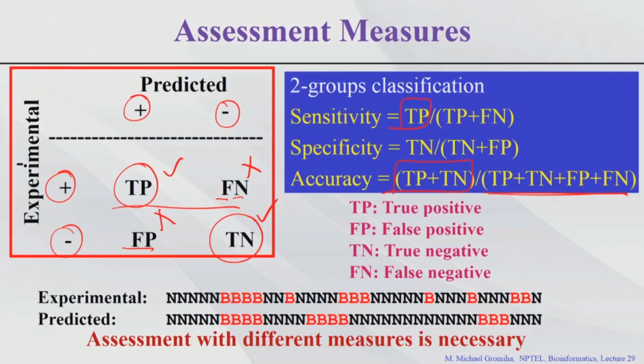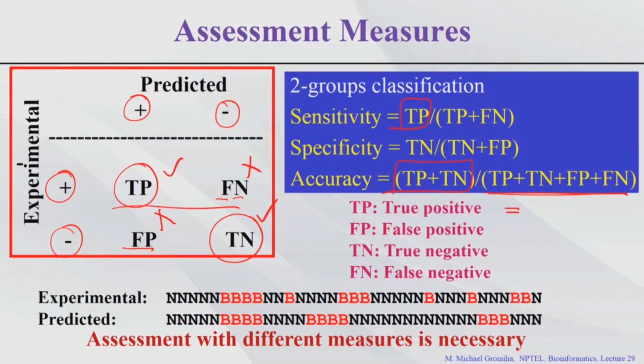So I give one example here. We have two different sequences, one experimental and one predicted. B means binding, which is positive, and N is negative. How many true positives? True positives means positives predicted as positive.